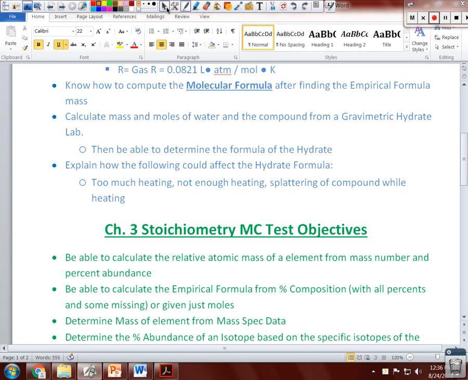Calculate the mass and moles of water and the compound from the gravimetric hydrate lab. Now, we've already done that. You remember the one that we had the copper and the iodine react with each other? It's something very similar to that. But it's also talking about hydrates.